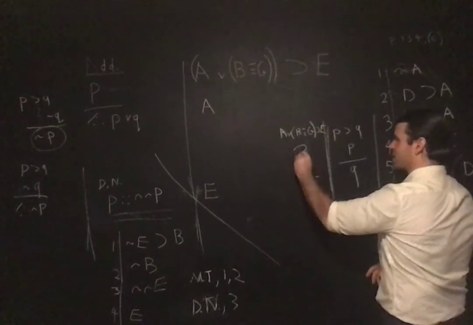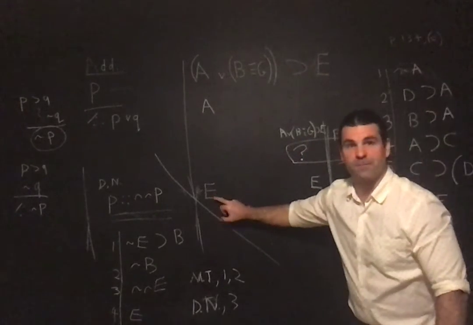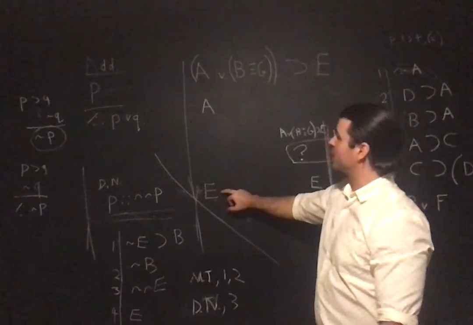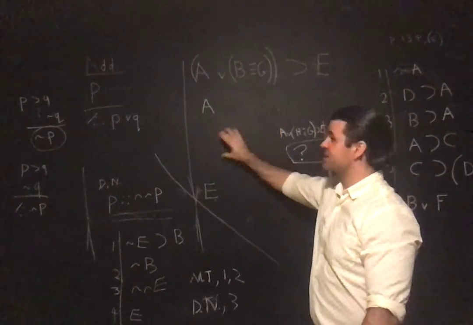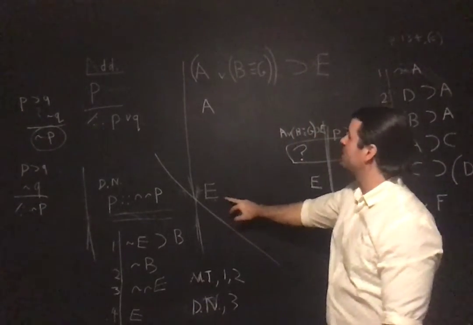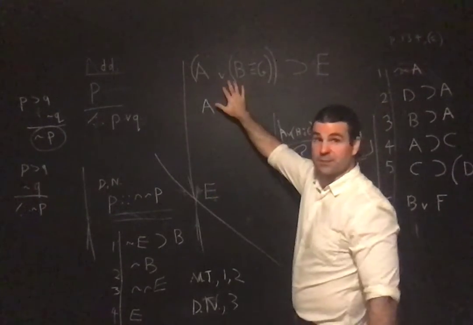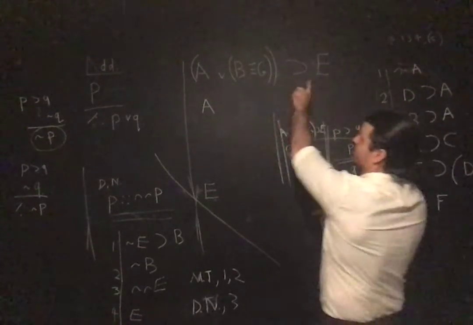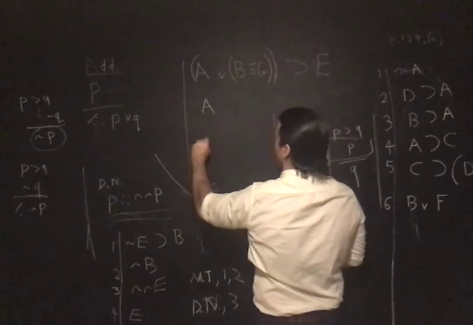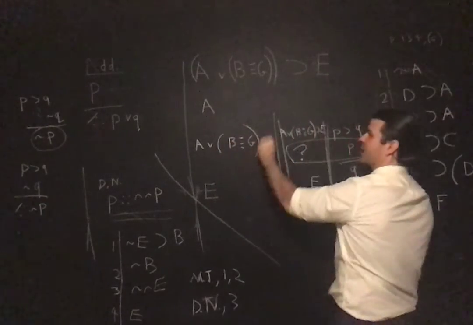And now, question mark here. What formula do I need such that I can do modus ponens and get the consequent of the conditional? If this is P hook Q, then that's going to be the P. I need to somehow get A or B by conditional G. I don't know how I get it yet.